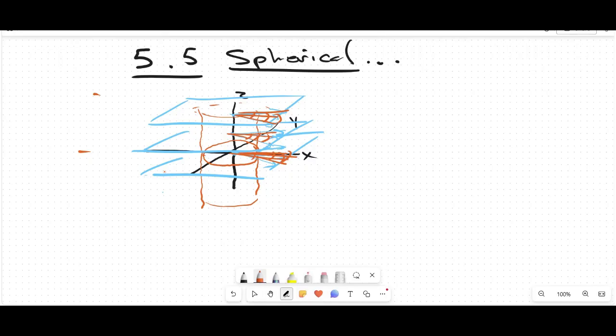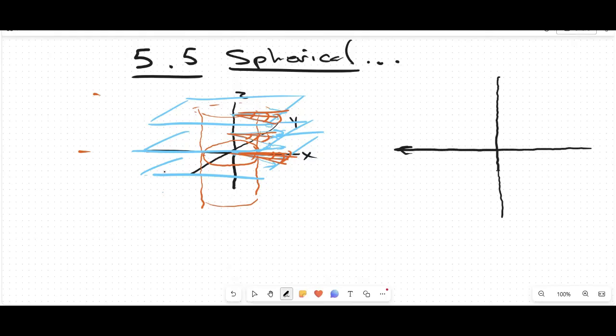Okay. Spherical now is going to look like this. In my opinion, and I think in a lot of people's opinions, spherical coordinates is the more natural three-dimensional analog of polar coordinates, or a more natural analog. It's going to look like this.